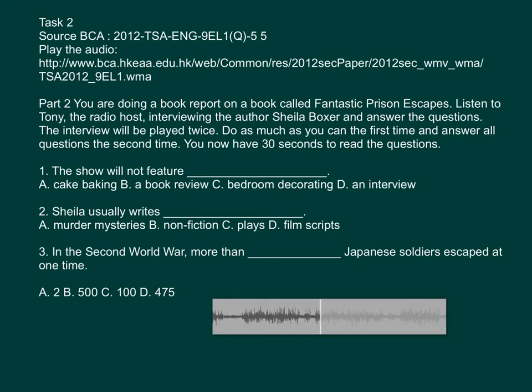Her latest book is a work of non-fiction detailing prison escapes over the last 100 years. Good morning and welcome, Sheila. Good morning, Tony. So, Sheila, you normally write fiction, murder mystery and the occasional romance. What prompted you to write Fantastic Prison Escapes? I was inspired by a film script which was based on a real wartime escape.